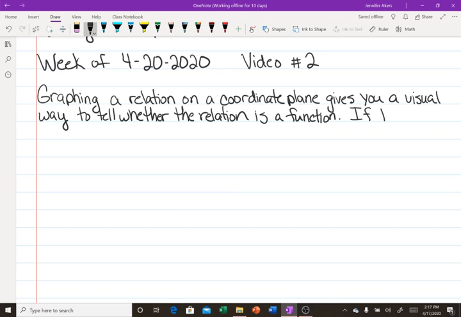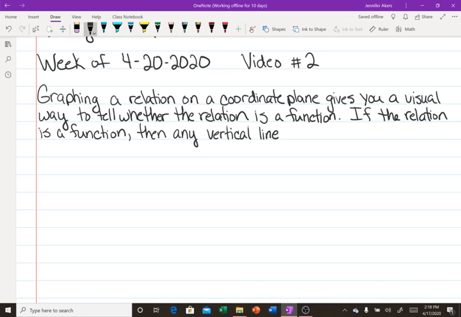If the relation is a function, then any vertical line passes through at most one point on the graph.